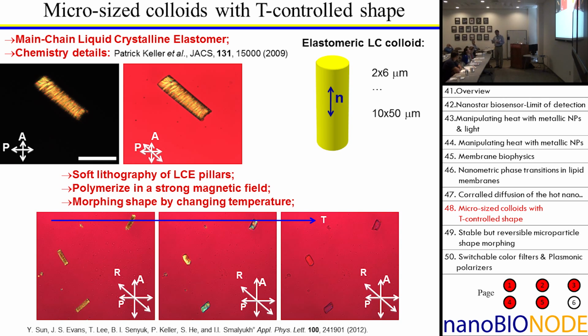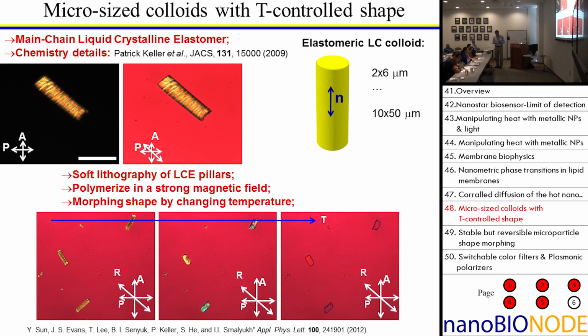Perhaps even after incorporating such objects into biological tissue, right? So the way this works is you have a liquid crystal elastomer, which is like a rubber but with orientational ordering similar to that of liquid crystals we discussed, and those have coupling between ordering and the shape of those particles.